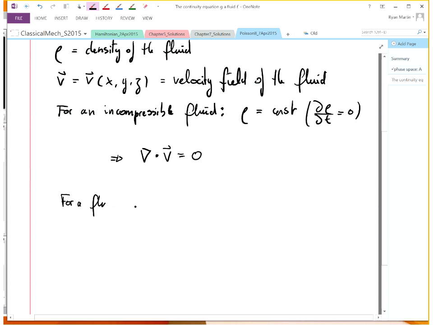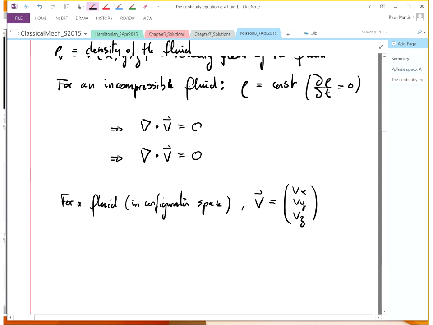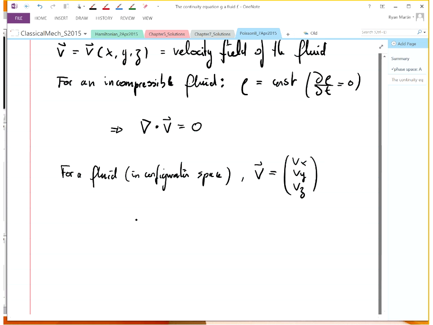So for a fluid, so we're in configuration space here, right? For a moment, we're not talking about phase space. So for a fluid, the velocity vector is given by the three components, Vx, Vy, and Vz.